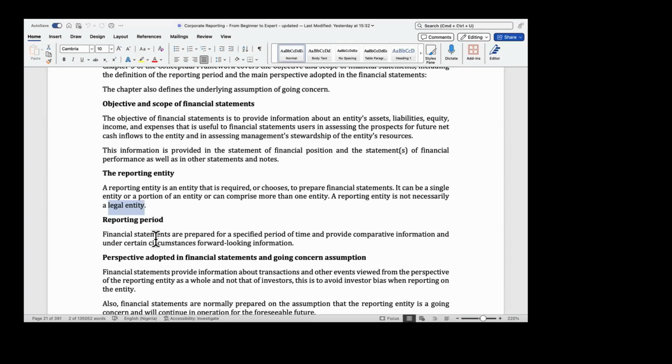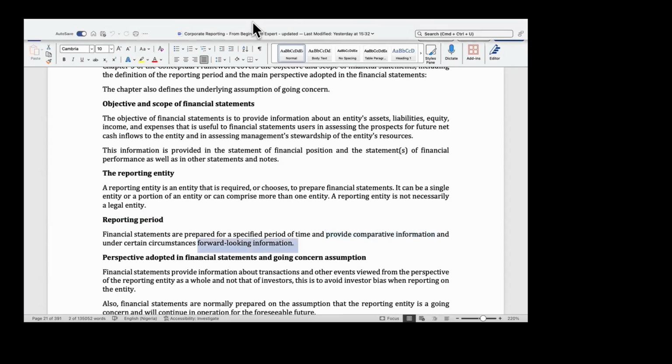Also, chapter 3 talks about the reporting period, which is looking at the period over which we provide financial statements, which is usually a period of 1 year, the current period. And reporting period also includes providing comparative information, which is information of the prior year. And also, we expect that the current reporting period must, in some circumstances, provide forward-looking information.